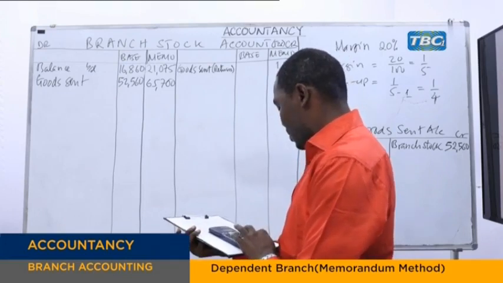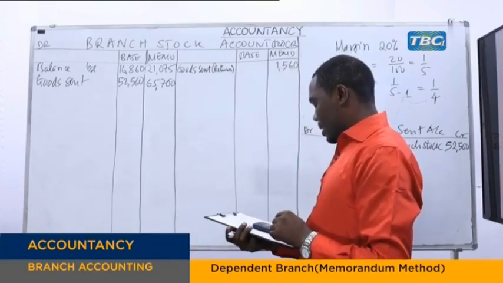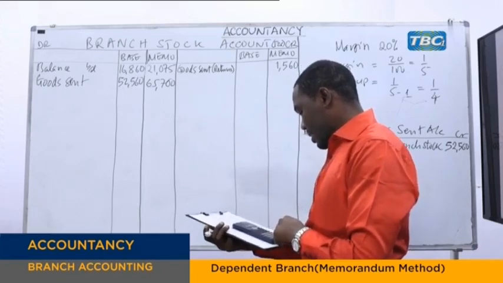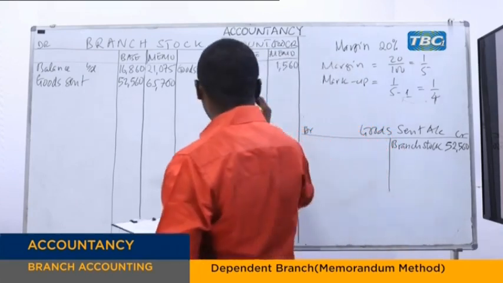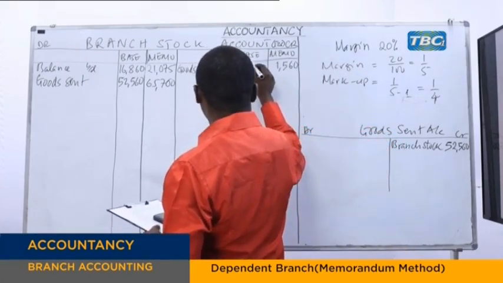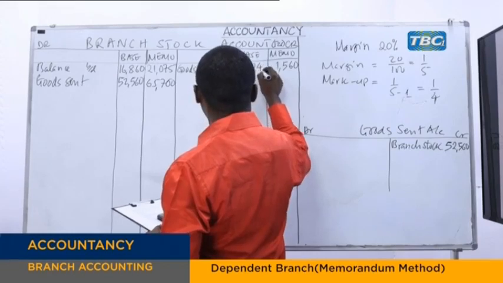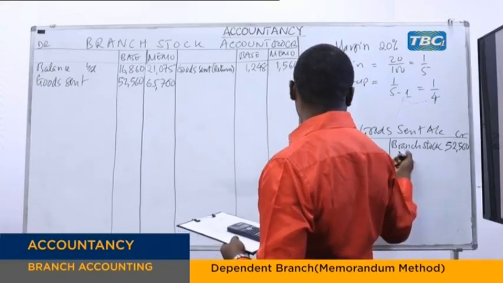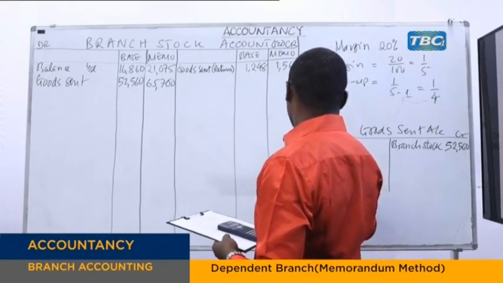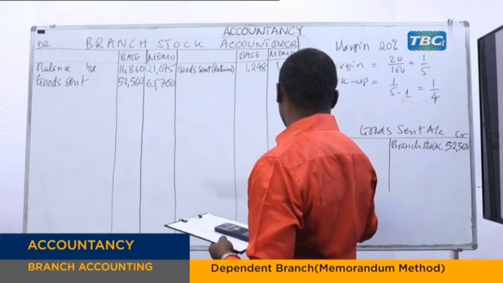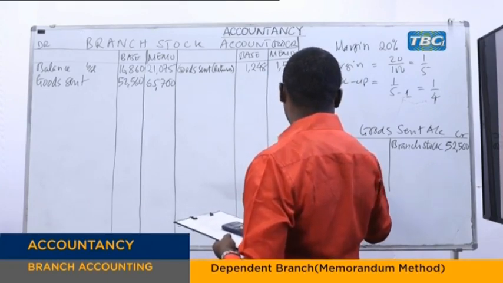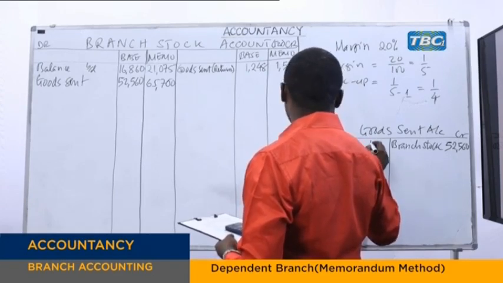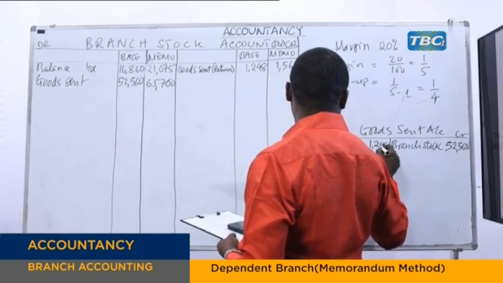That was the markup. We get the profit loaded, 312. If you deduct it, you get the cost element, 1,248. So this also will reduce the goods sent. We enter here branch stock, that was returns, 1,248.